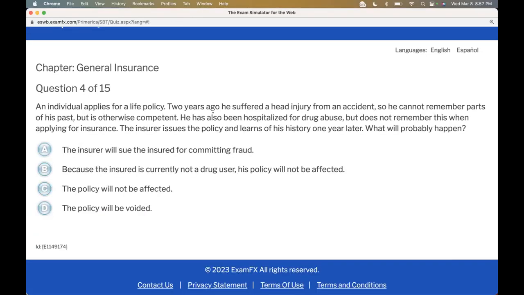An individual applies for life insurance. 2 years ago, he suffered a head injury from an accident, so he cannot remember parts of his past, but is otherwise competent. He has also been hospitalized for drug abuse, but does not remember this when applying for insurance. The insurer issues a policy and learns about his history 1 year later. What will probably happen?